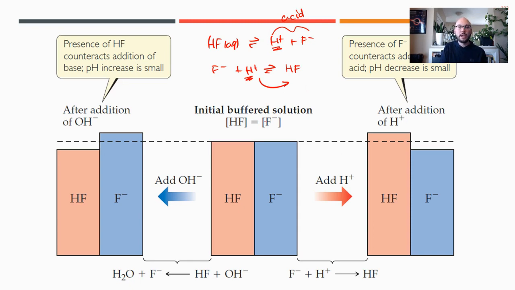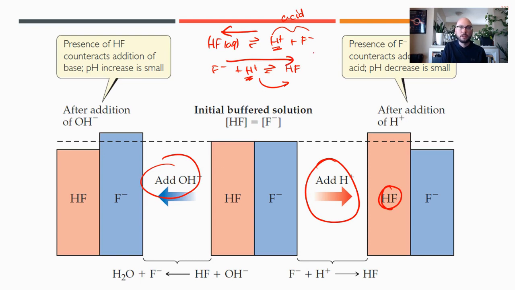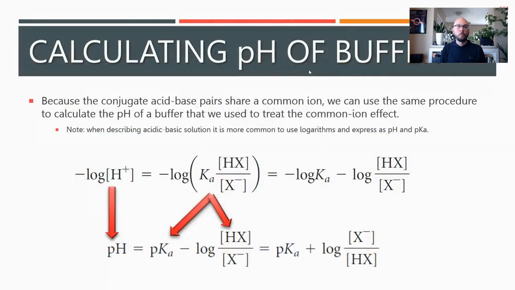So if we add H plus, and we can see it down here, then the concentration of HF increases because it drives that reaction back this way. And if we add OH minus, it drives the reaction this way. So we get the increase in concentration of this. And we'll see this a little bit more clearly after using this equation, okay?